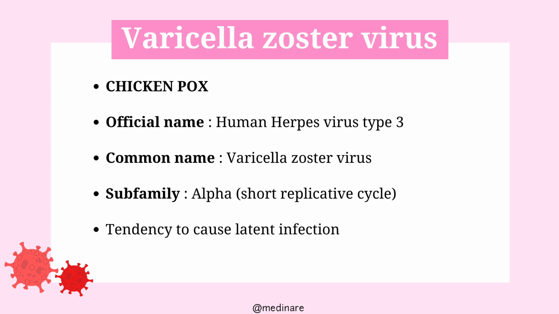As a detail of this Varicella zoster virus, it has got an official name called human herpes virus type 3, and so the common name is Varicella zoster virus. It belongs to the alpha subfamily, which has a very short replicative cycle of about 12 to 48 hours, and these viruses have the tendency to cause latent infection.